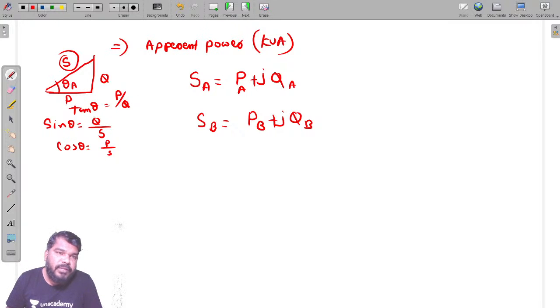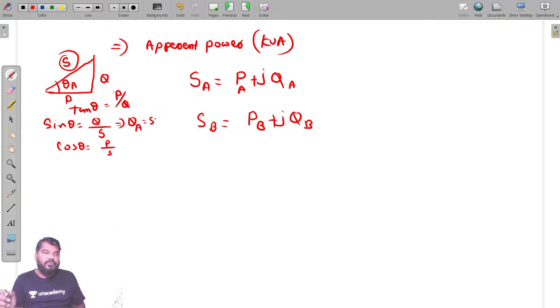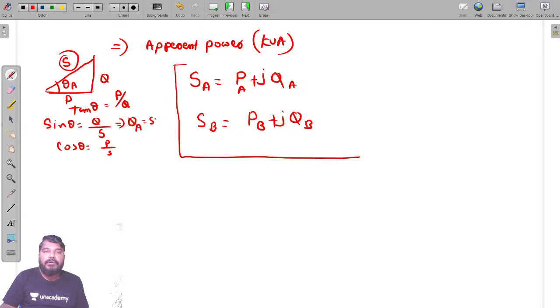This is only one method. Suppose if you know the active power, then QA is equal to S into sine theta, or theta is equal to cos inverse P by S. So these are the formulas to find the KVA shared by the two transformers if the load is unequal.